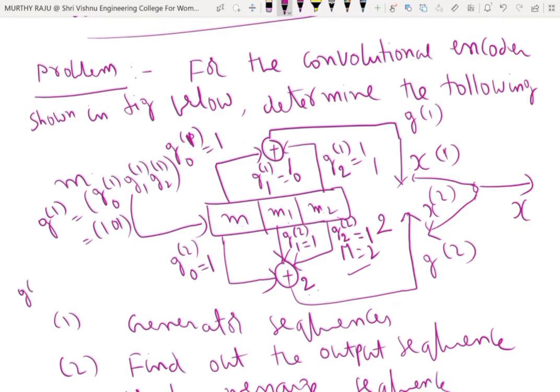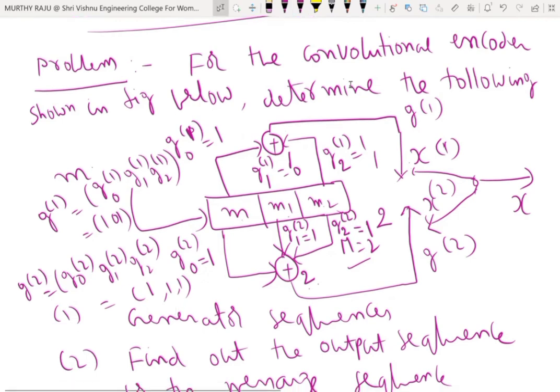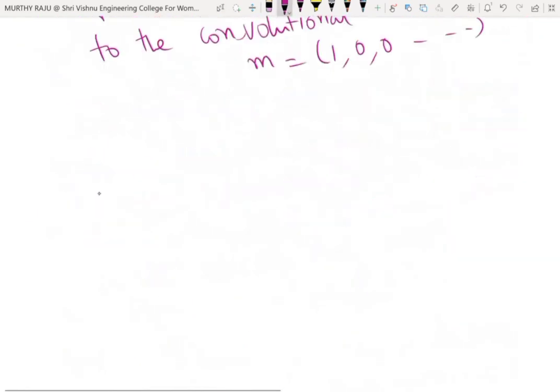Therefore, G of 2 is equal to G0 of 2, G1 of 2, G2 of 2. Connections are there, therefore 1, 1, 1. These are the generator sequences of the modulo 2 adders. Therefore, G of 1 is equal to 1, 0, 1.